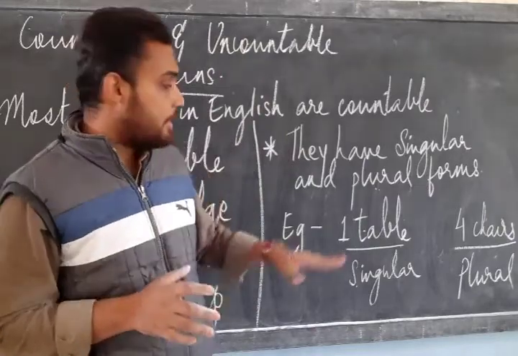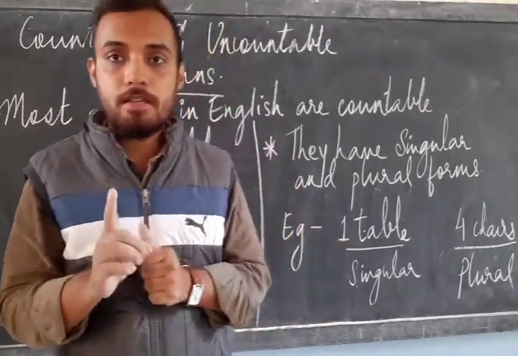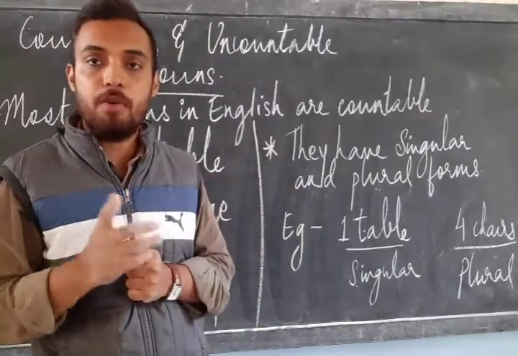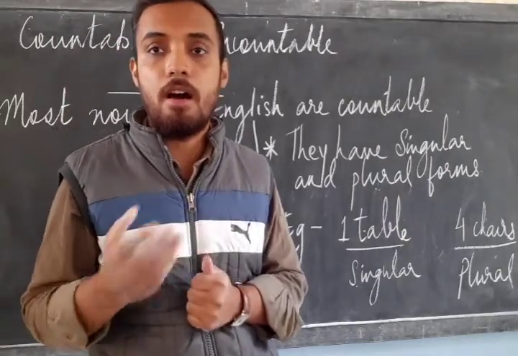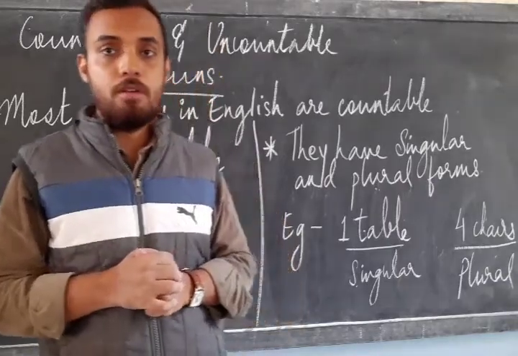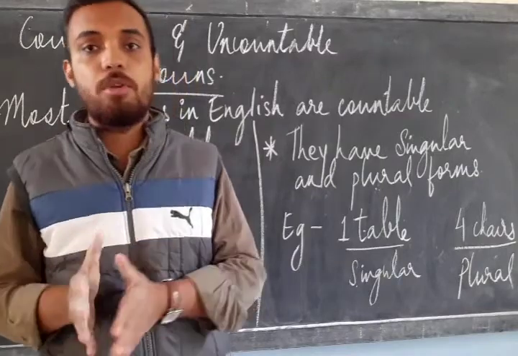Example: there is 1 fridge in the room, meaning it is singular, only 1 fridge. Another example for plural: there are 4 chairs in the room. So the countable nouns have singular and plural forms.